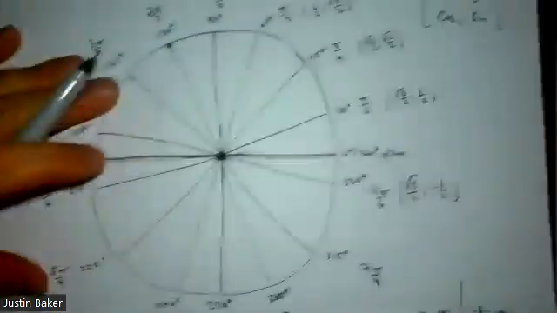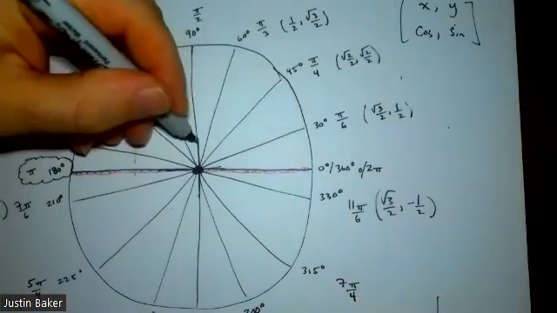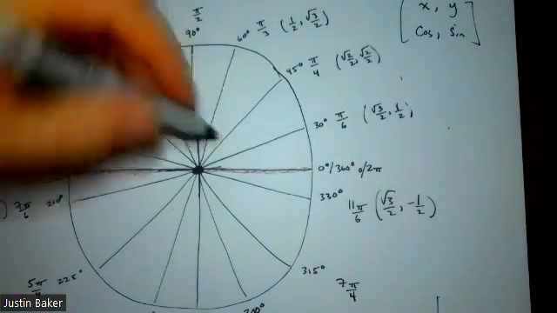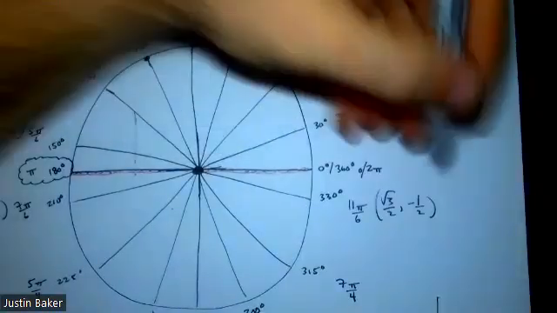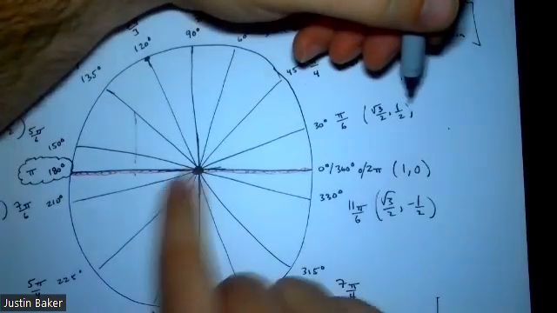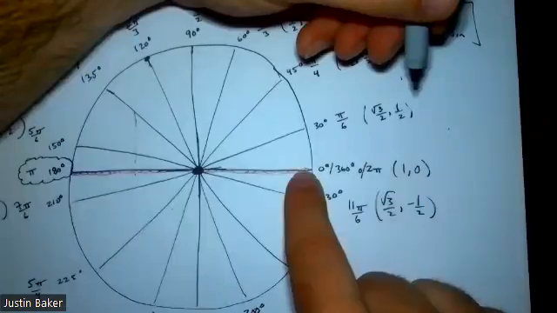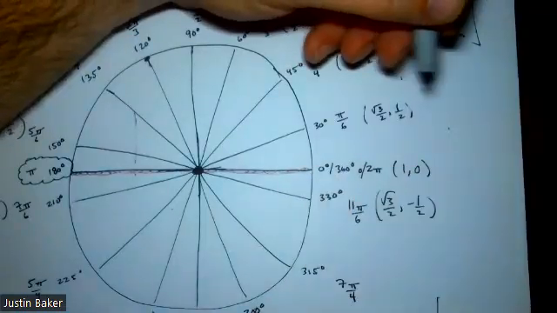So what can we come up with here? We could say that this ordered pair is 1, comma, 0. If this is 0, 0, and I just go 1 unit to the right, the X value is now 1. The Y value didn't go anywhere.